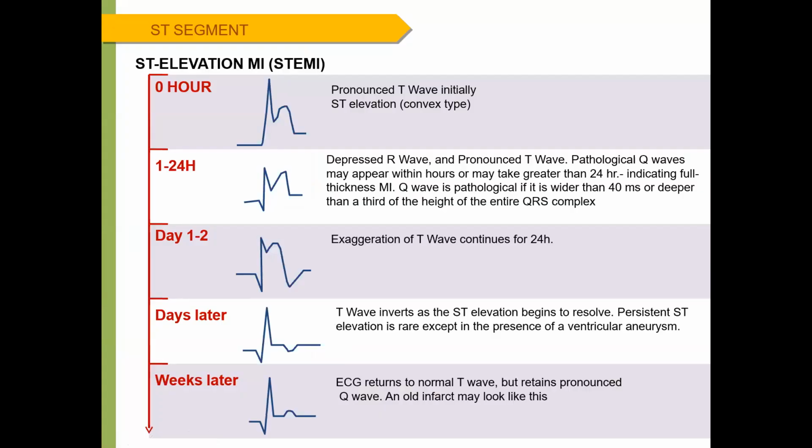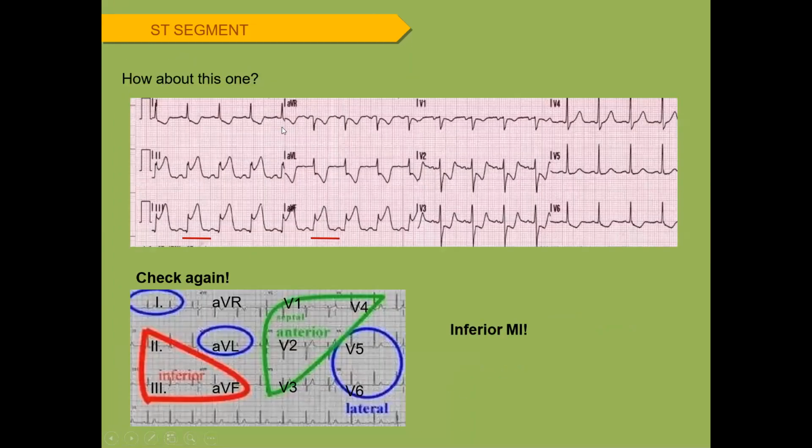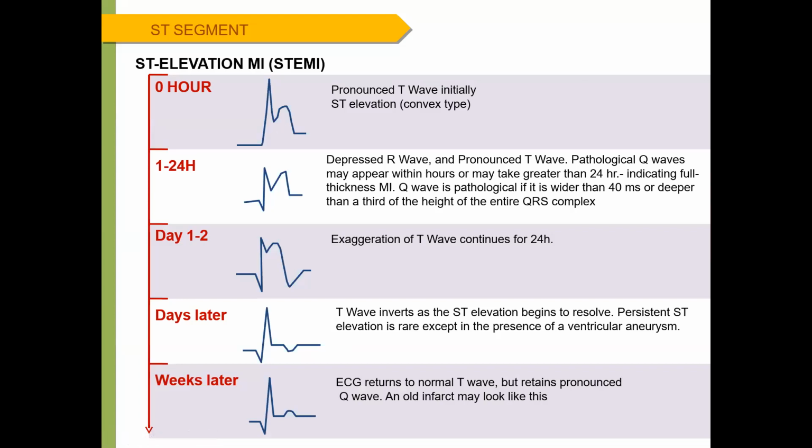Now, ST segment elevation changes in MI. In the initial, hyperacute period, the ST segment is highly elevated with convex elevation. You can see the convexity is there. After 21 to 24 hours, the R wave is slightly decreased, with the T wave becoming tall and peaked.